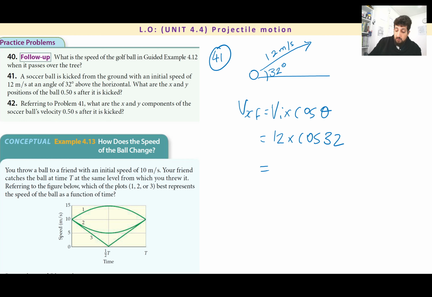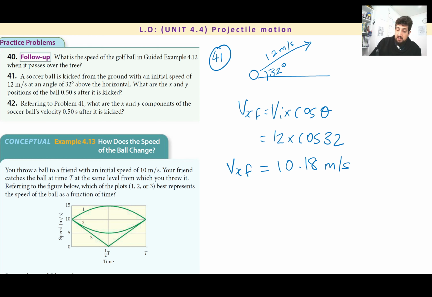The final velocity after 0.5 seconds of being kicked is Vxf equal to 10.18 meters per second in the x component. Now, does Vxf change? No. Remember, in the horizontal component, the velocity in the x-axis doesn't change. So that's why there's no time actually.